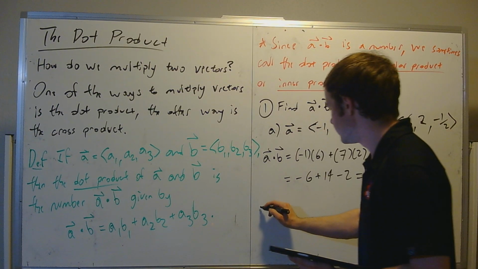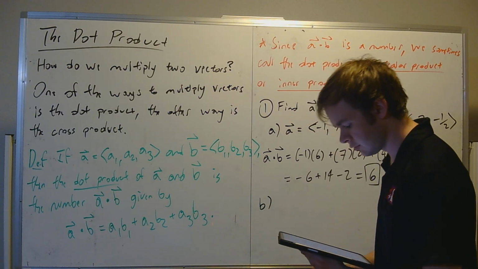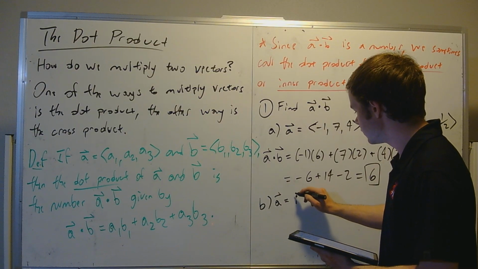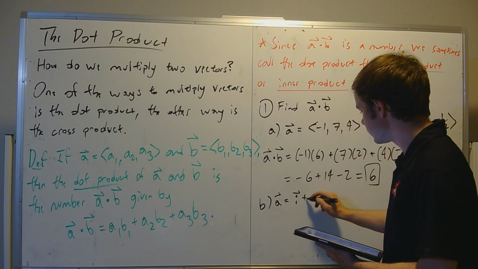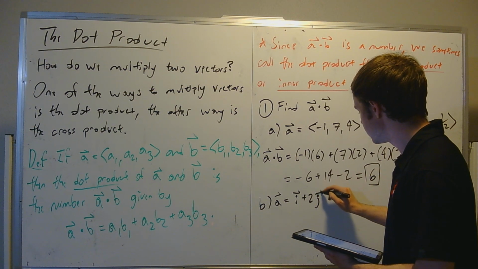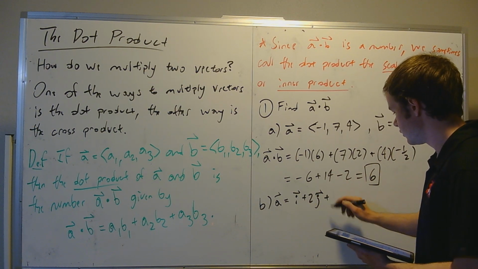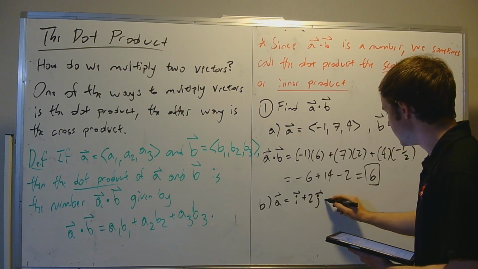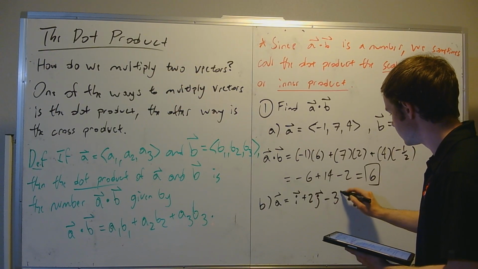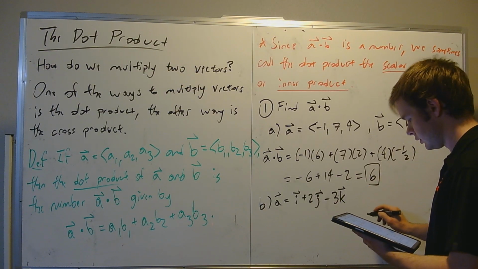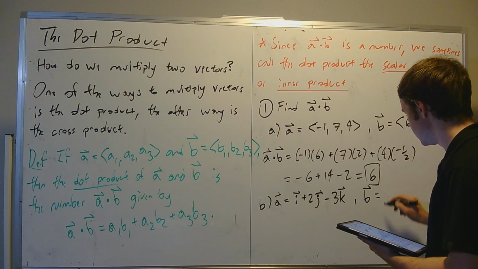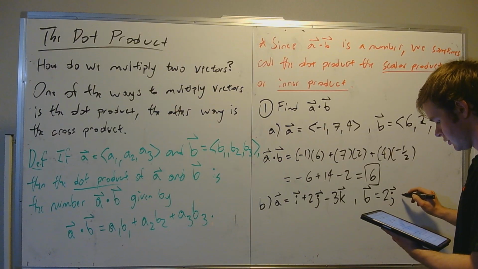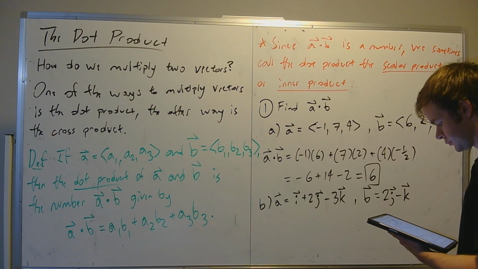Let's do one more case in this example. Part B says that A equals i hat plus 2j hat minus 3k hat. And let's say that B equals 2j hat minus k hat.